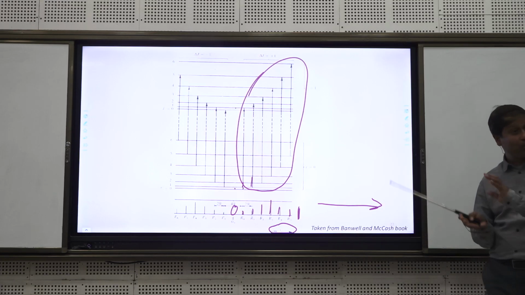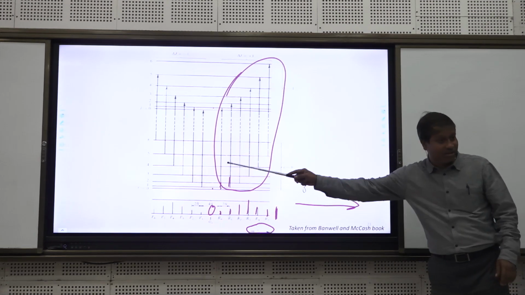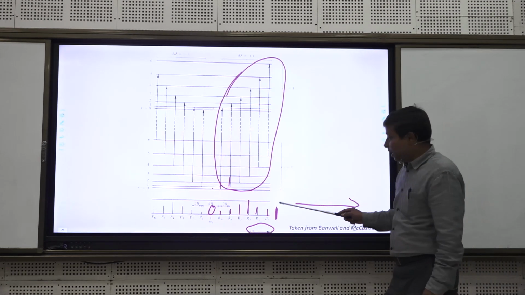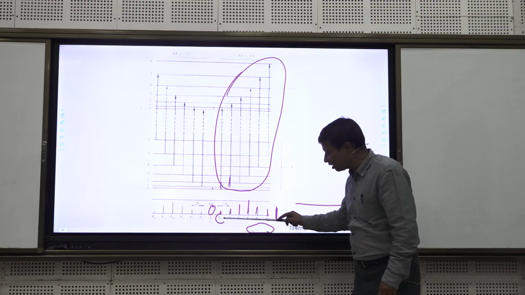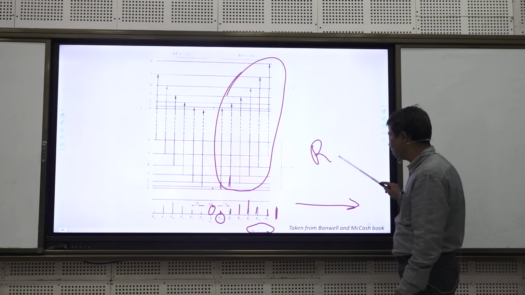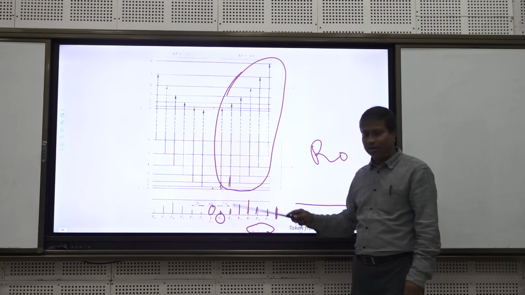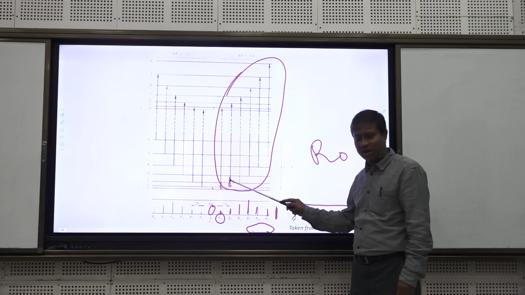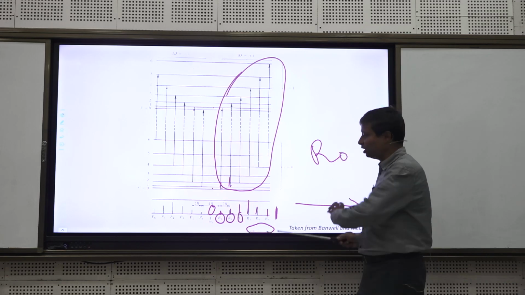In some books it will be just the opposite. So this is the R branch. How does the naming happen? R0, why 0? Because it starts from 0. The next one starts from 1, so it is R1, R2, R3. Now this is the P branch.